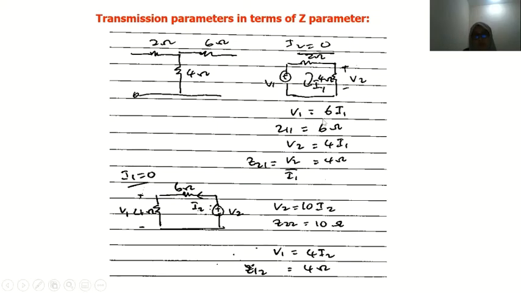So your V1 is equal to 6 I1, so your Z11 is equal to 6 ohm. Then your V2 is equal to 4 I1, and your Z21 is 4 ohms. The next step is by assuming I1 is equal to 0, so you get your V2 is equal to 10 I2 and your Z22 is 10 ohm, and your V1 is equivalent to 4 I2, so your Z12 is equivalent to 4 ohms.